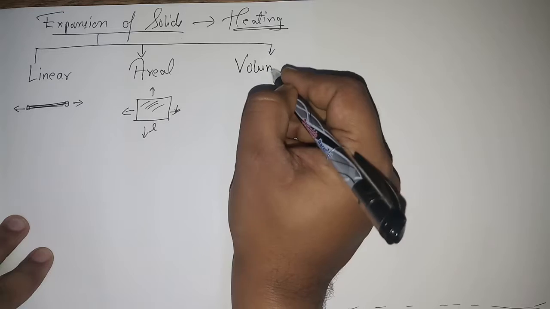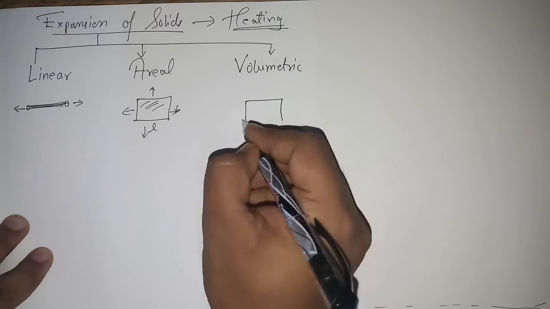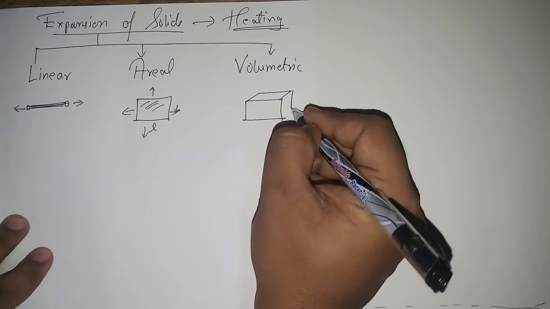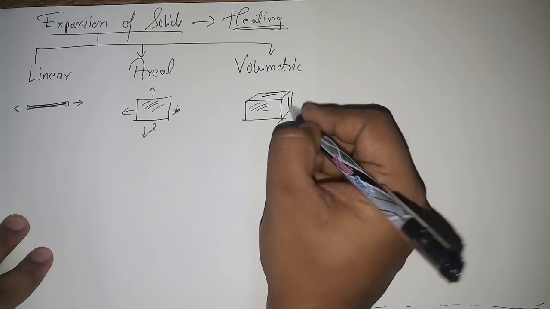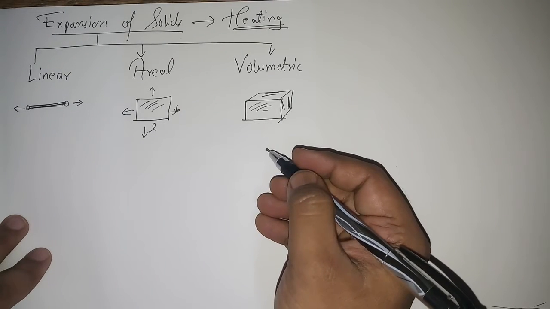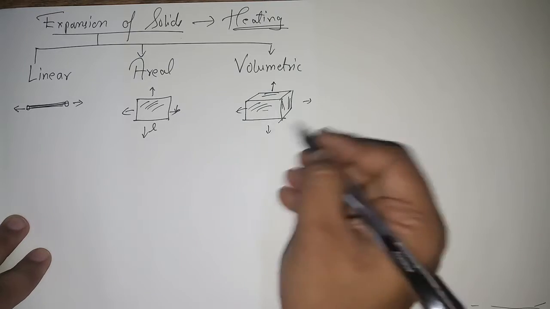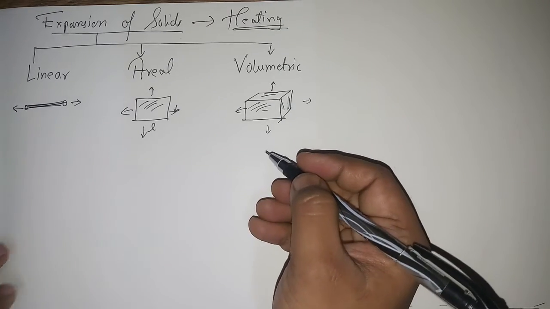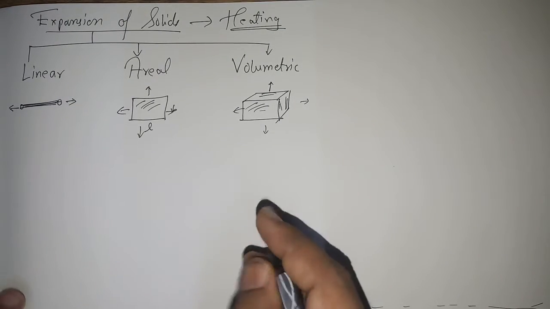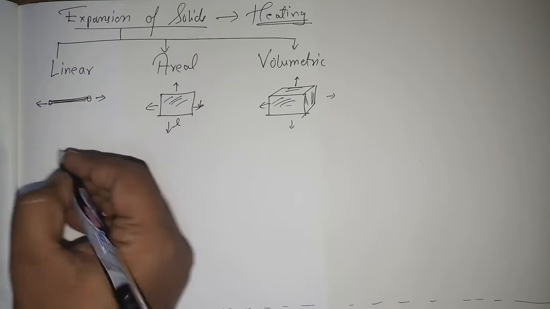Third is volumetric expansion. If there is a solid substance having a particular volume and we heat it, it will expand in length, breadth and height all the ways. That particular expansion is called volumetric expansion. So let's dig this in.